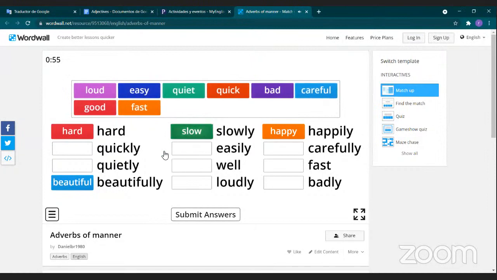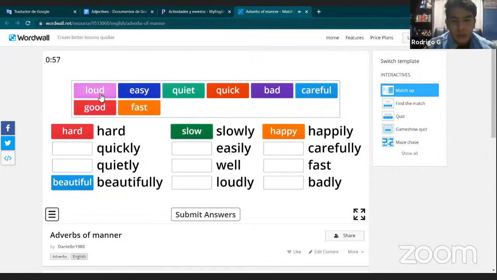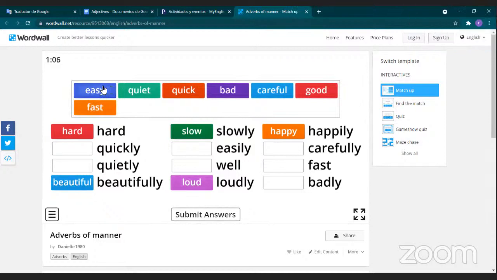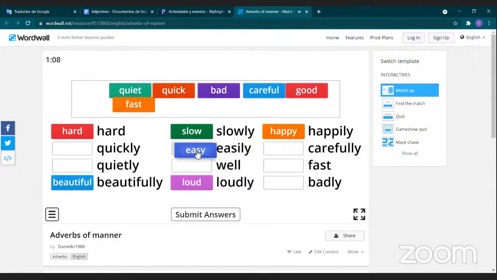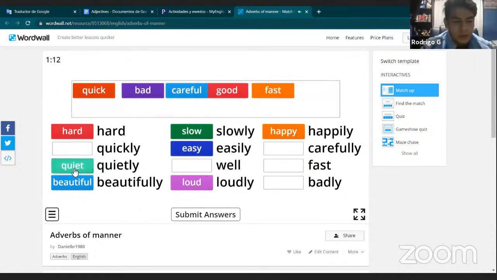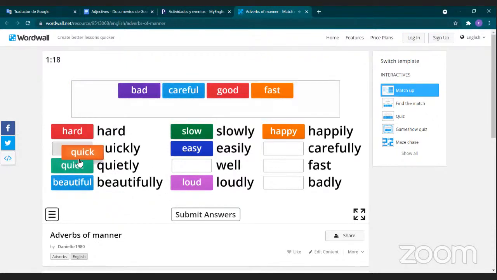Slow is slowly. Easy is easily. Quiet, quietly. Quick, quickly.